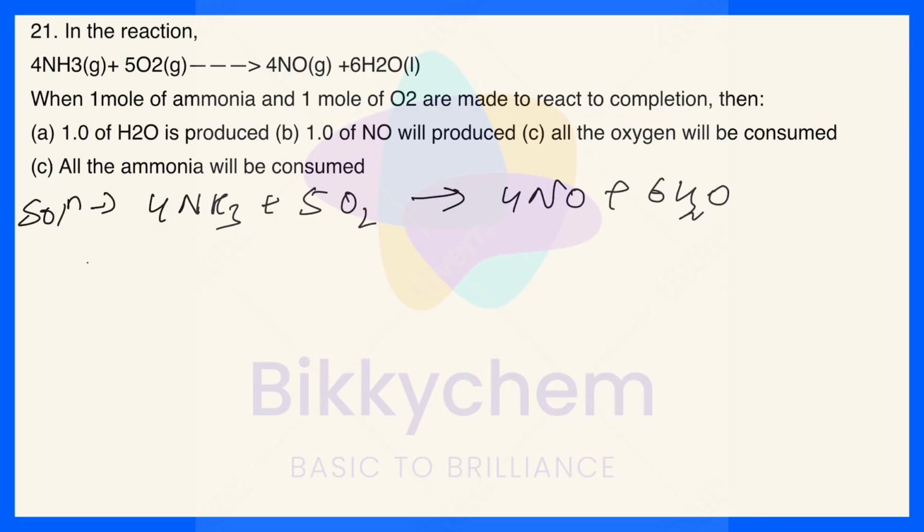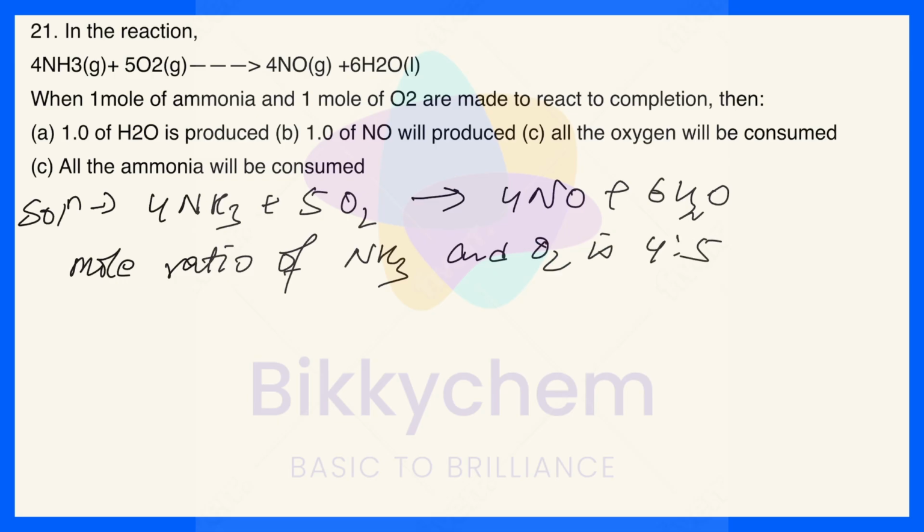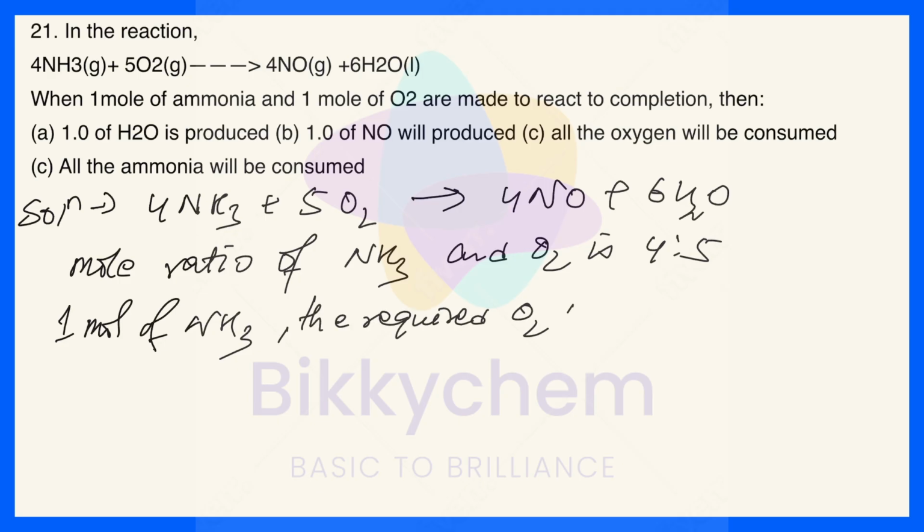Here we have the mole ratio of NH3 and O2 as 4:5. So for 1 mole of NH3, the required O2 is 5/4 into 1, which is 1.25 moles.